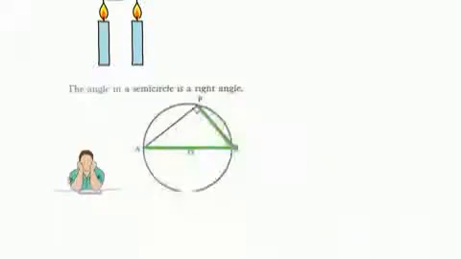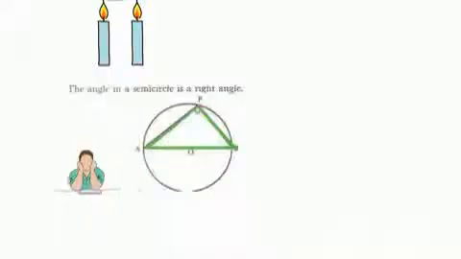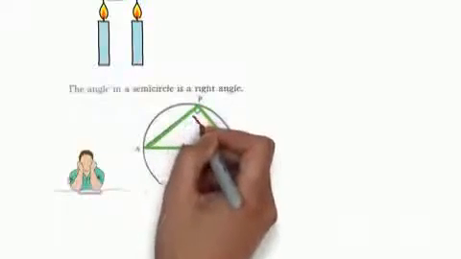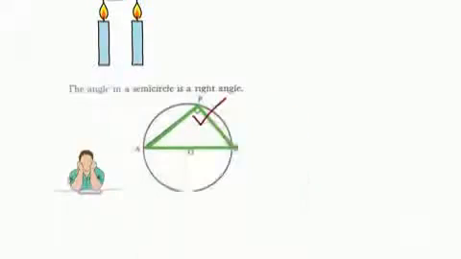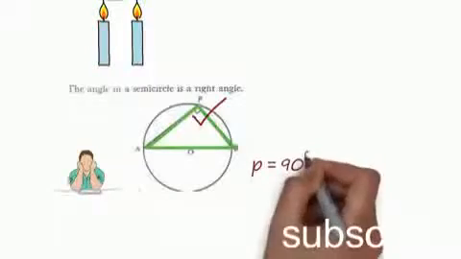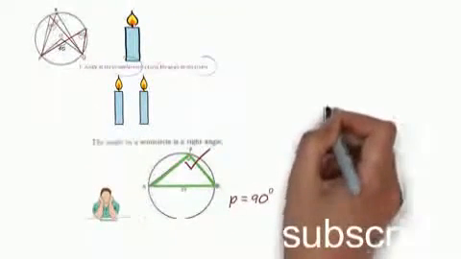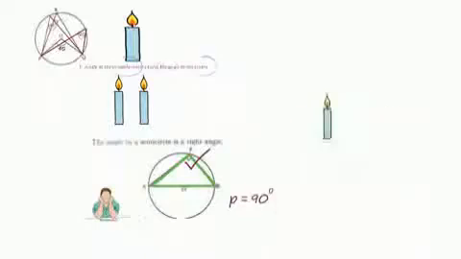So angle P there is 90 degrees, provided that it's a triangle which passes through the center. Any angle on the circumference like that is 90 degrees. So angle P is 90 degrees. No matter how they draw that question, it's just 90 degrees.